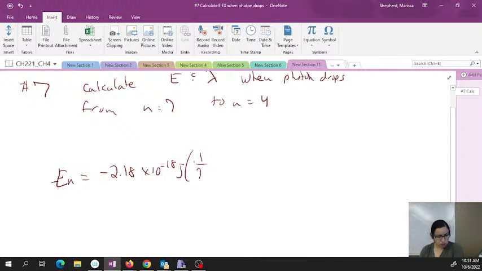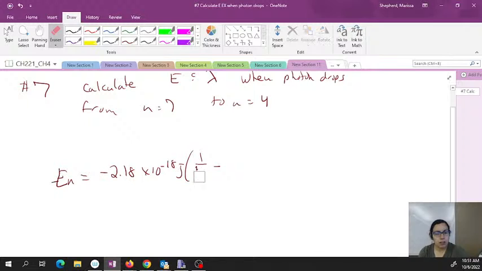Except I think we want to do it the other way around? Yes, although it shouldn't matter with your answer too much, it would just give you the wrong sign. This was our initial, so it's final minus the initial, but that looks good.